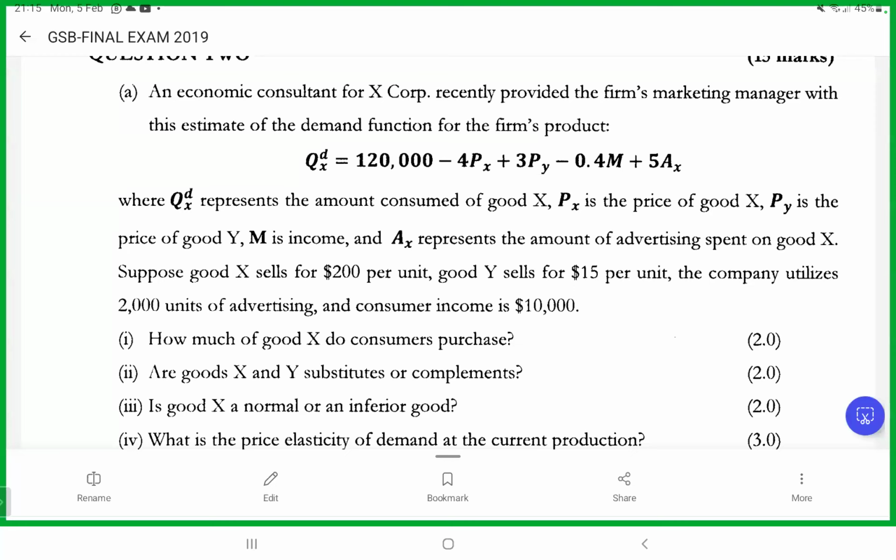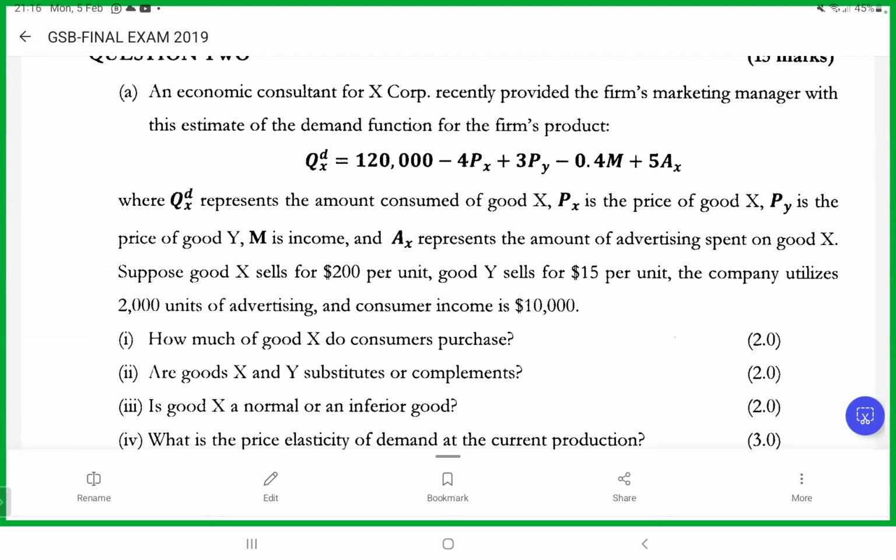Where Q D over X represents the amount consumed of good X, then PX is the price of good X, then PY is the price of good Y. M is income, and AX represents the amount of advertising spent on good X. Suppose good X sells for $200 per unit, good Y sells for $15 per unit.